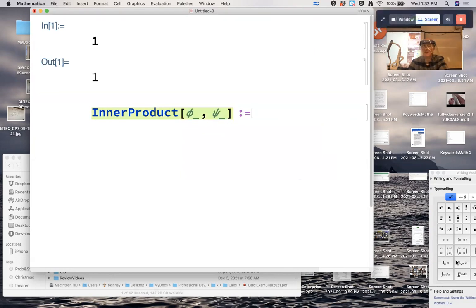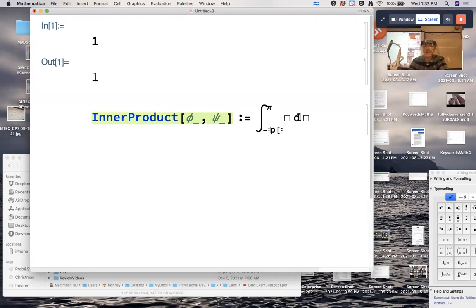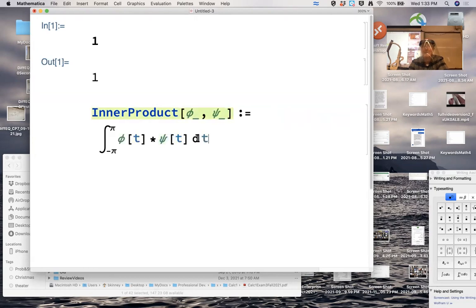To be the integral from negative pi to pi. Why negative pi to pi? Because that's a natural interval to use with trig functions, of phi of t times psi of t dt.